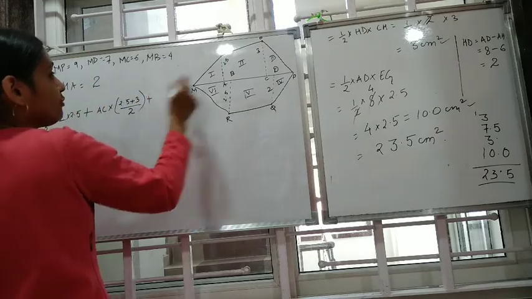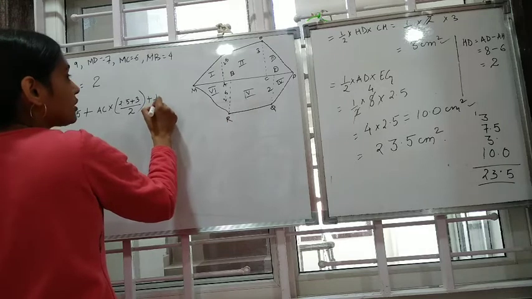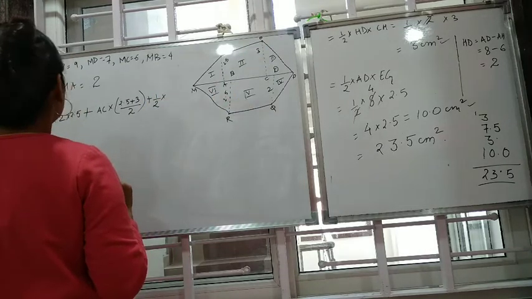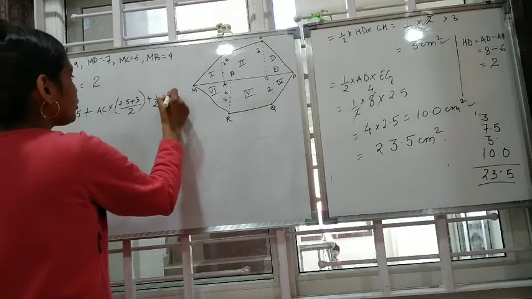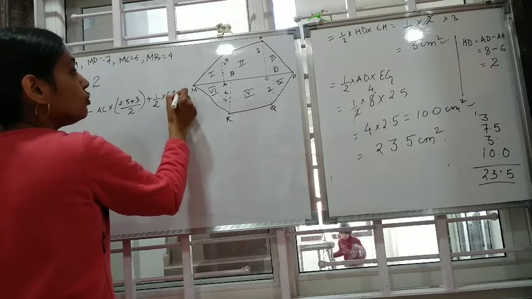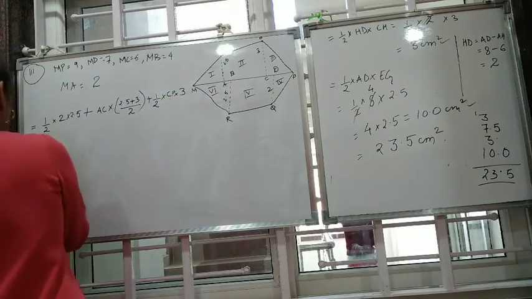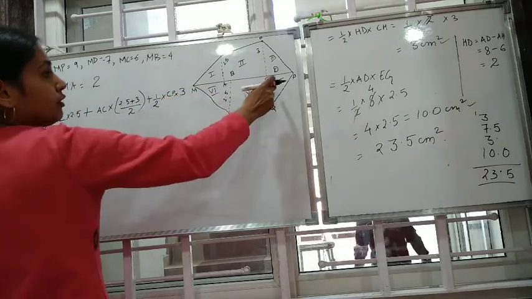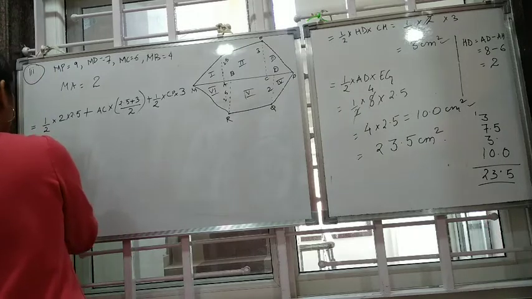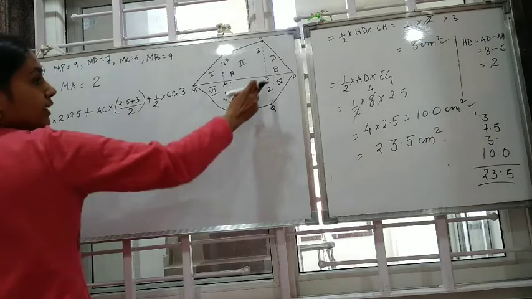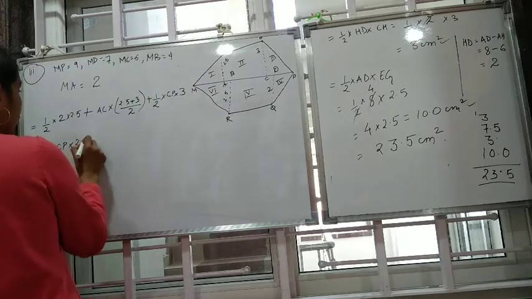Then half base into height again, that is half into base CP. CP is not given, I am just writing CP into height, OC, that is 3. Then plus the fourth one, half base into height. Half base is CP and height is DQ, that is already given 2, so I am writing 2.